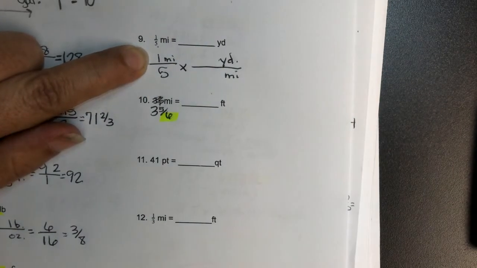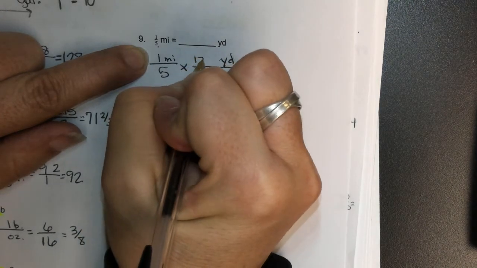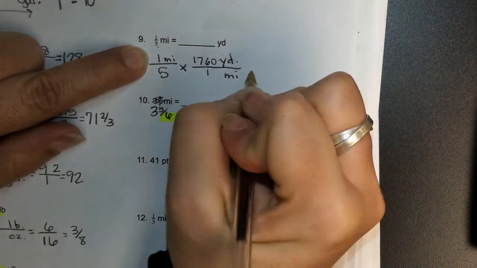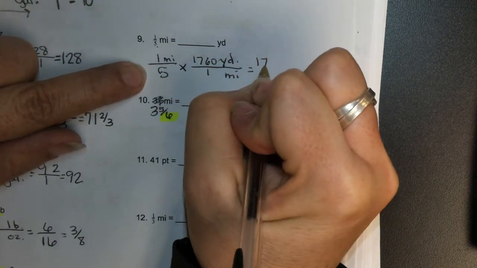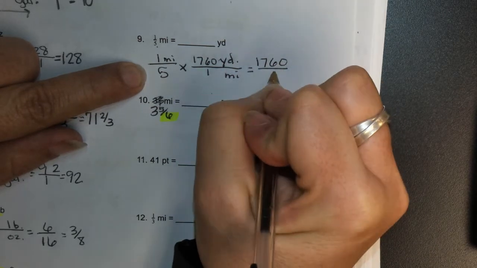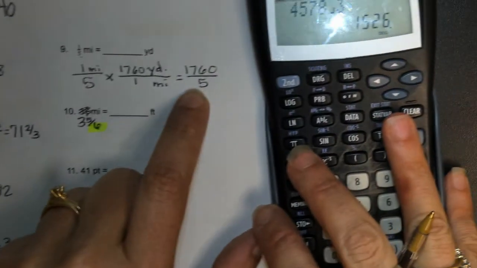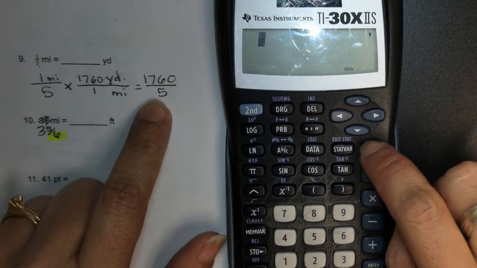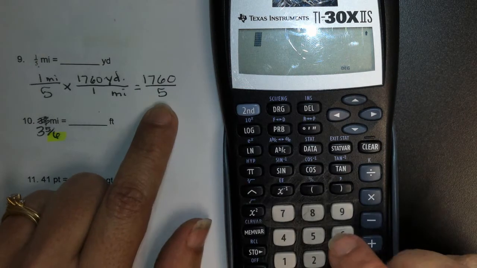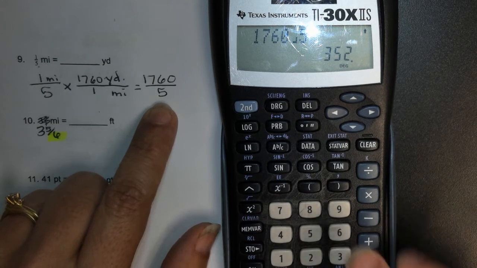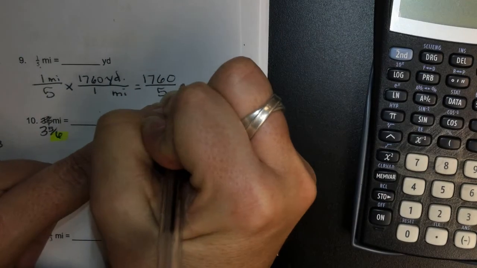What you're looking for is on top, and then looking for yards to miles. 1760 yards to 1 mile gives me 1760 over 5. Now, once again, if I'm not sure, I can use the ABC button. I know that a 5 will go into that 0 evenly, so it should be an even number, which is 352.